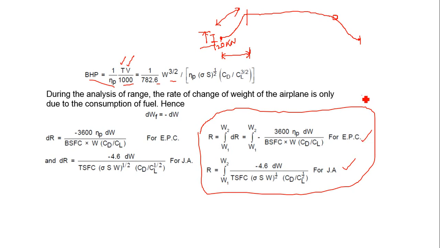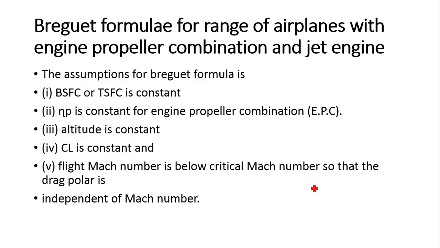If there is a propeller, you should use this equation for finding the range. For a jet powered airplane, we can substitute the equation minus 4.6 divided by TSFC sigma S, W whole power 1 by 2, CD by CL whole power 1 by 2.